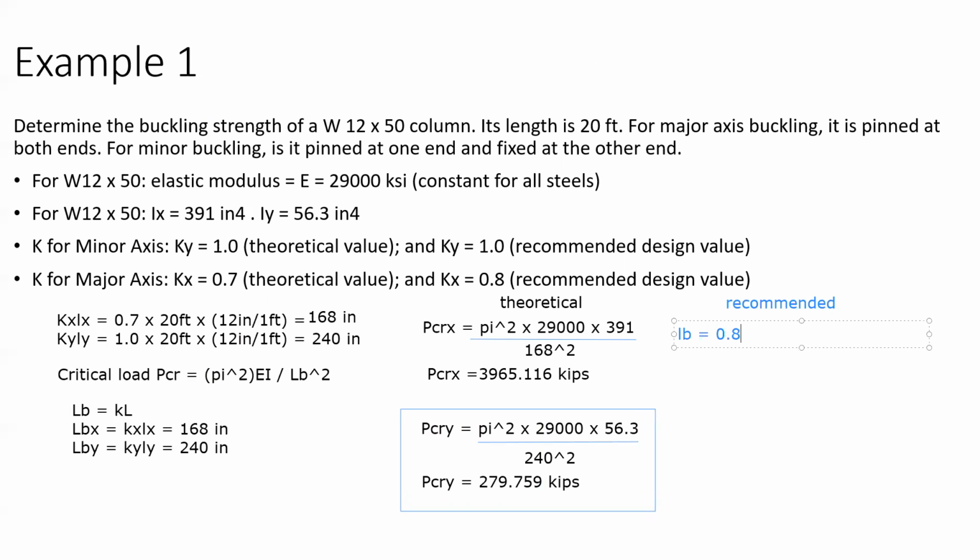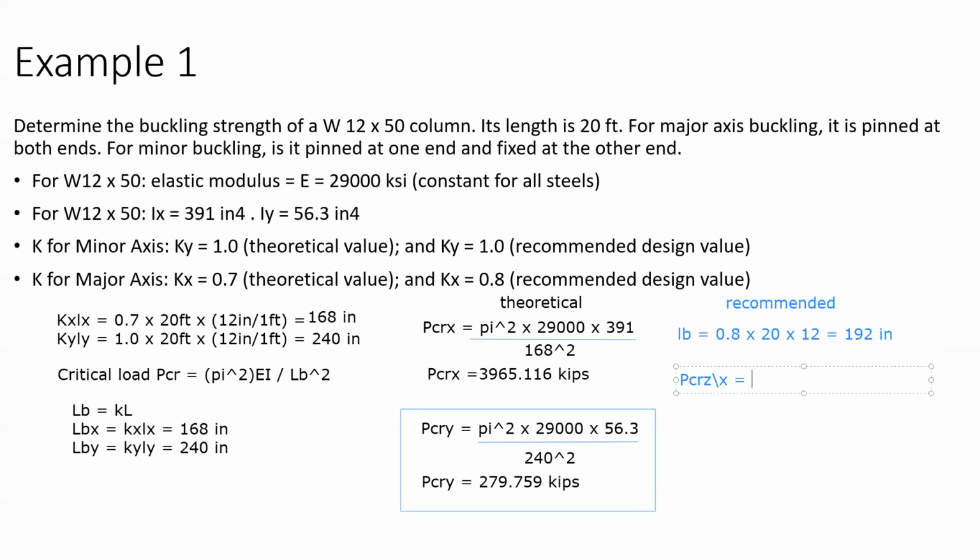That is 0.8 times 20 feet times 12 inches over 1 foot. So, ilan ang, 192. 192 inches. Okay. And then let's solve for Pcr or critical along the x.